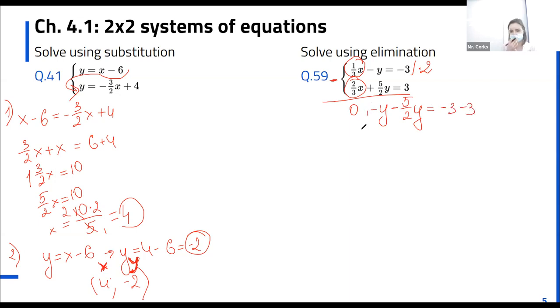So we have minus 6. Here we have 2 and 1 over 2 y. Let's check to make sure. Okay.